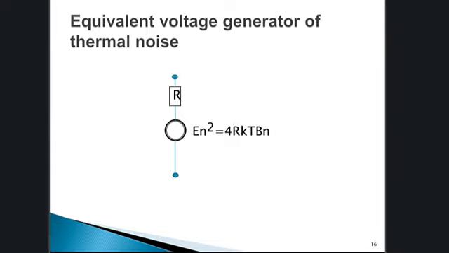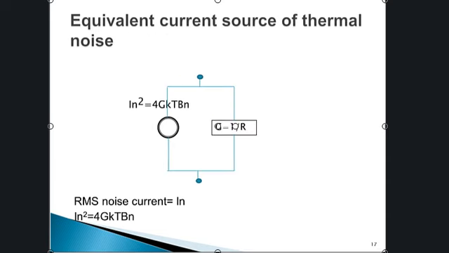Thermal noise can also be represented as an equivalent voltage generator. Since we know the thermal noise voltage En square is equal to 4RkTBn, it can be connected in series with the resistor, and this becomes your equivalent voltage generator of thermal noise. On the same lines, we can also represent an equivalent current source of thermal noise.